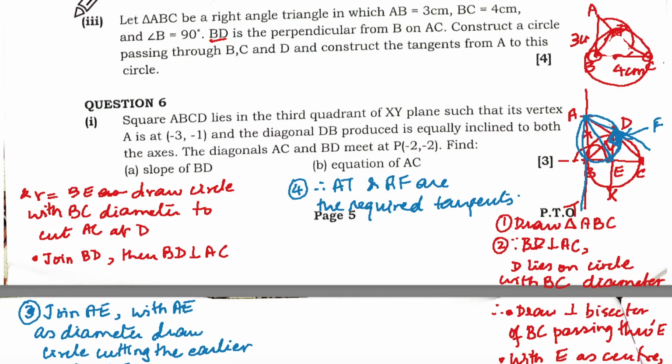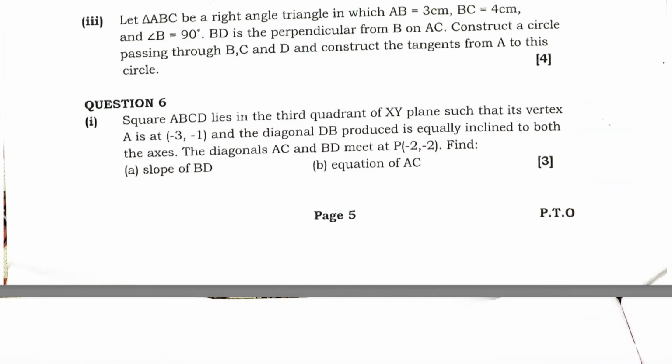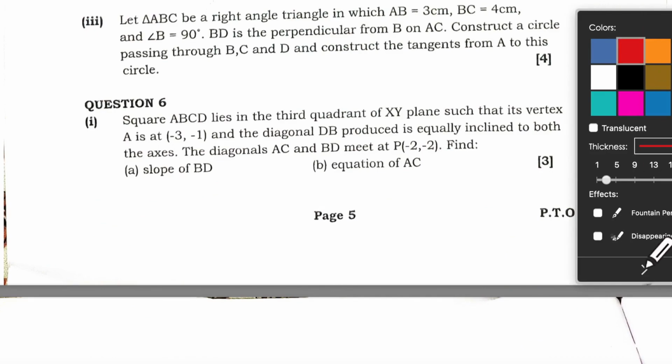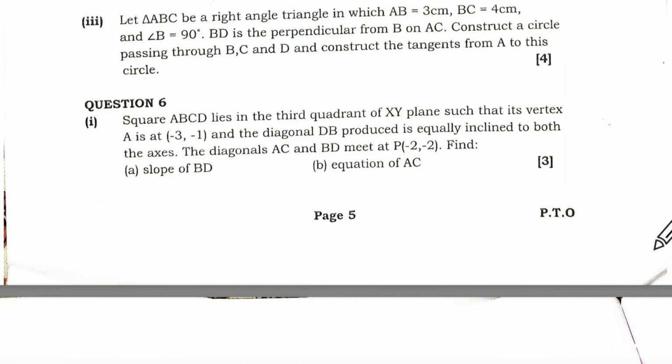So these questions, the construction question, this is a good application question, not too difficult, but it's making you think. Let us come to question number 6. What does it say? Read.